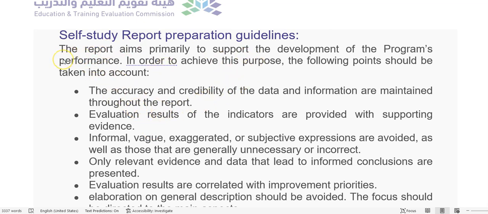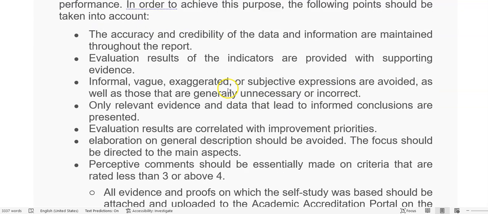It is written here that the report aims primarily to support the development of the program's performance. To achieve this purpose, the following points should be taken into account. The first point is that the accuracy and credibility of the data and information are maintained throughout the report.